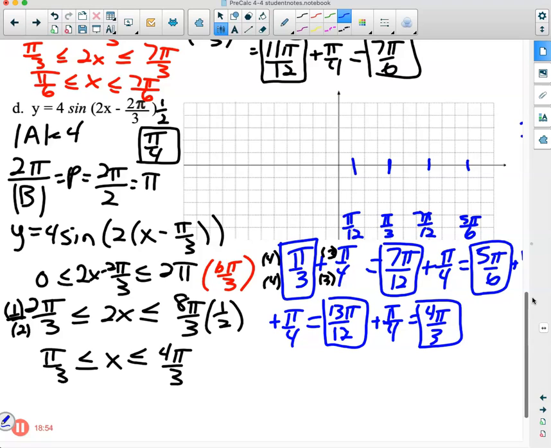So we should label that pi over 12. Negative 1 pi over 12, negative 2 pi over 12, which would reduce to negative pi over 6. Negative 3, 4, 5 pi over 12.